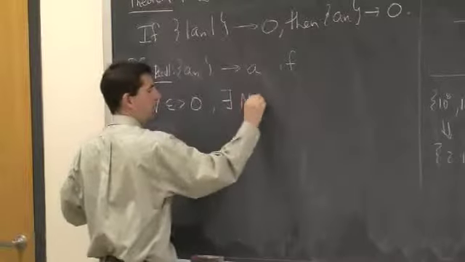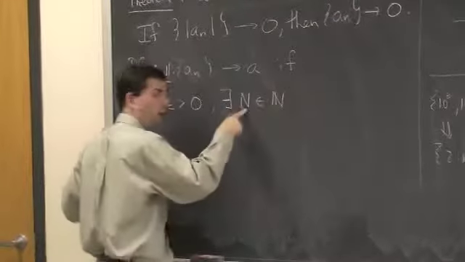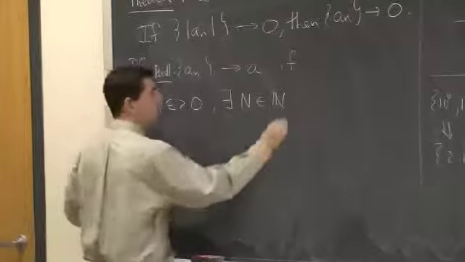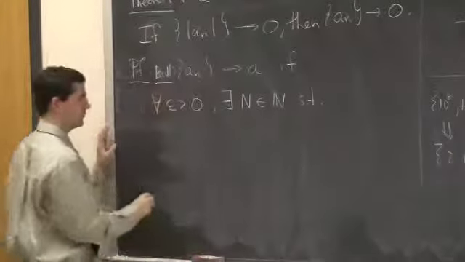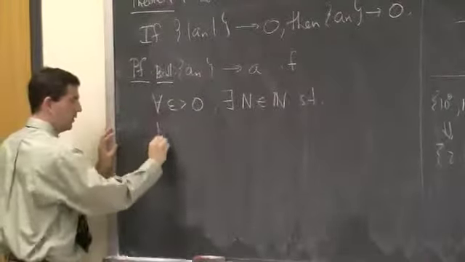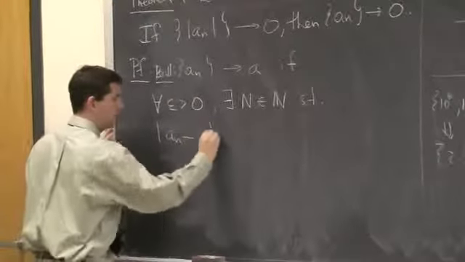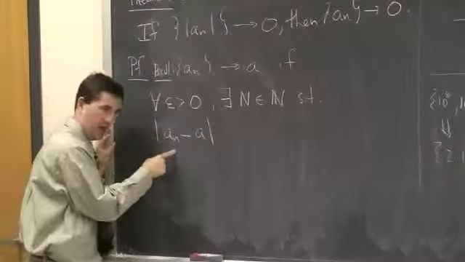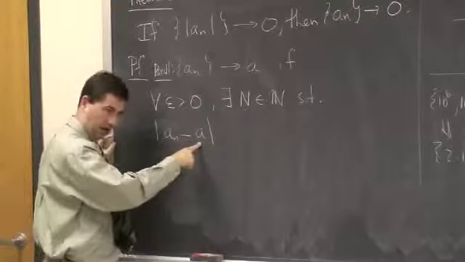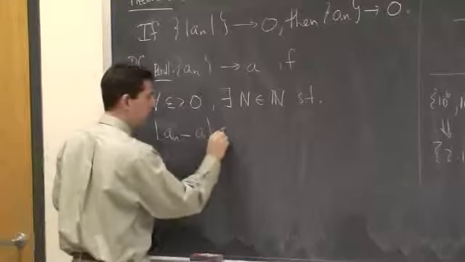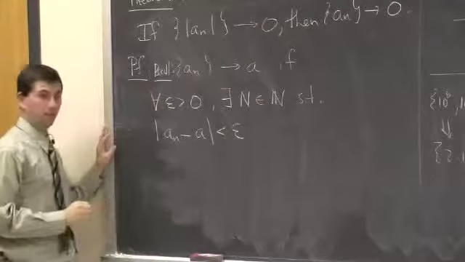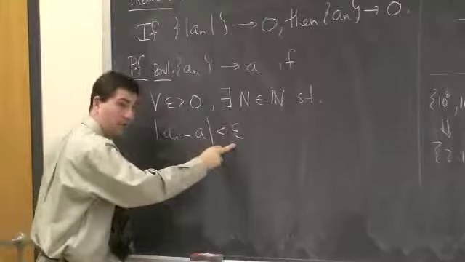there exists a natural number N. I can go out far enough such that the distance between the nth term in my sequence and the supposed limit is less than epsilon. I get close.